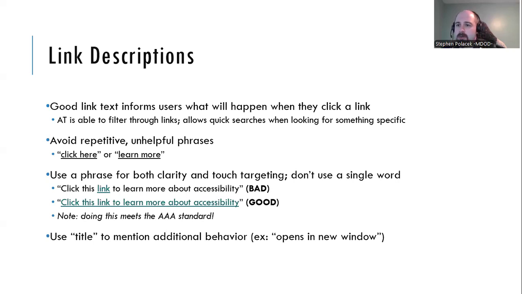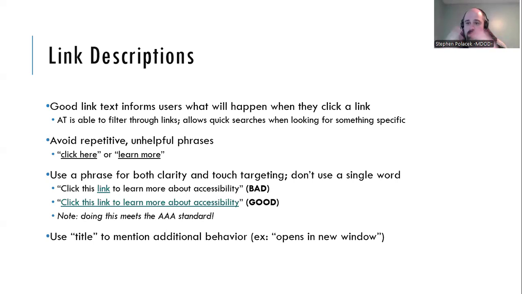But we could, in some cases, like if you have a news page and you have a lot of different links that say learn more and learn more, and you want to maintain the aesthetic look, you could use title to add those details, like learn more about MD-TAP, learn more about IT Accessibility Initiative, learn more about Teleaccess Maryland on our own webpage.